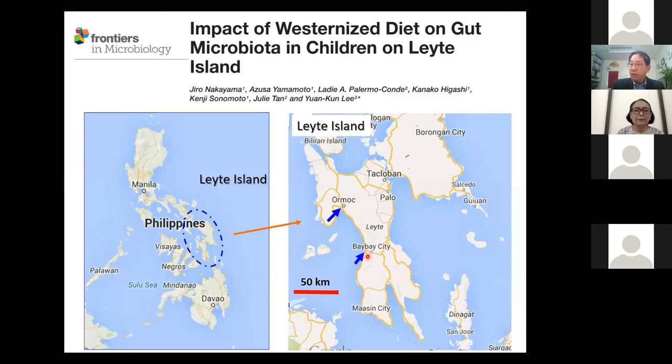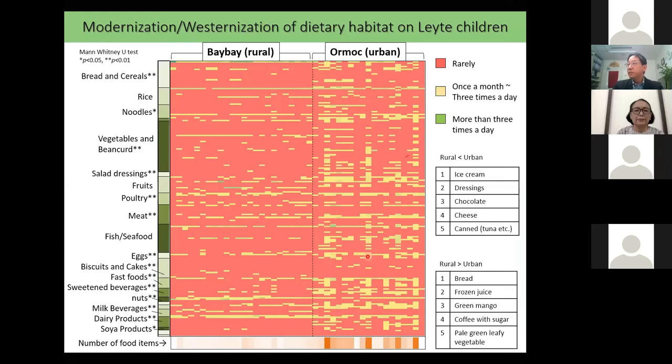This is the result of the dietary investigation. This graph shows the menu of daily food taken by each child. If the child eats a given food, we put yellow in this graph.